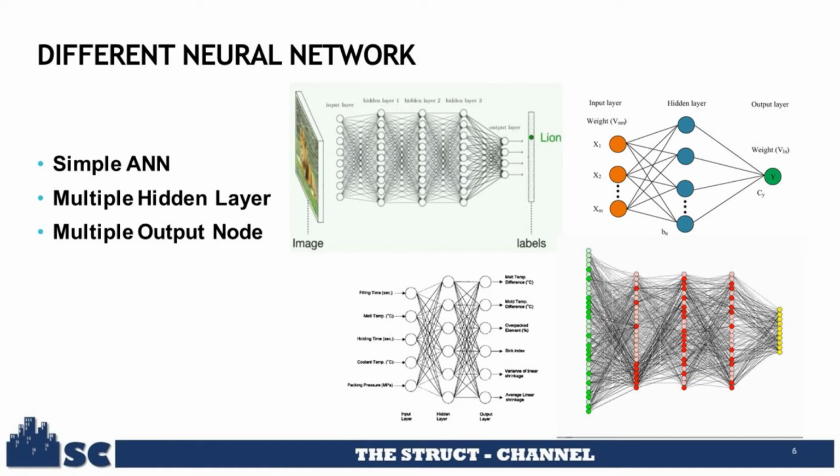A more complex model needs multiple hidden layers, or sometimes a neural network model has multiple output nodes. We can also develop neural network models that have more output parameters compared to the input parameters.